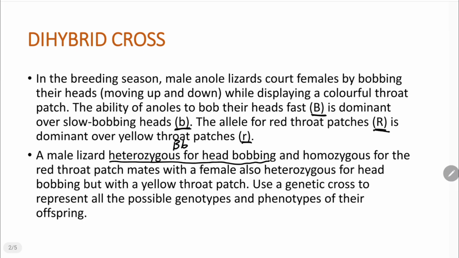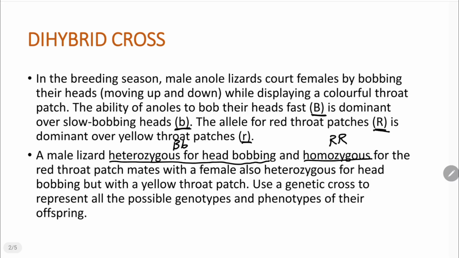So this male lizard is going to have fast bobbing, because capital letter B is fast bobbing, small letter b is slow bobbing, and capital letter B is always going to win. And homozygous for red throat. If it is homozygous for red throat, it means it is capital letter R, right?